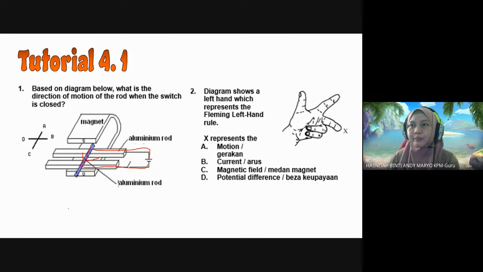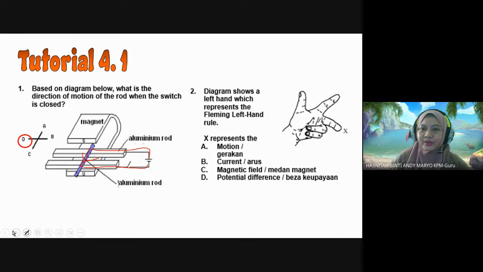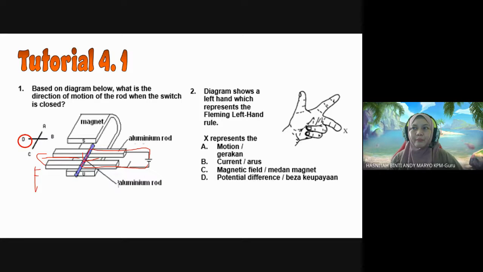Okay, so you can see it is pointing to D. So the answer is D. Very good, Jun Wei and Sun Xiang. Who answered B just now? Wei Xiang, look again. The current flows out, so the middle finger points out, index finger points upward. So the force will be pointing to D. This is the direction of force. It is moving to the left.